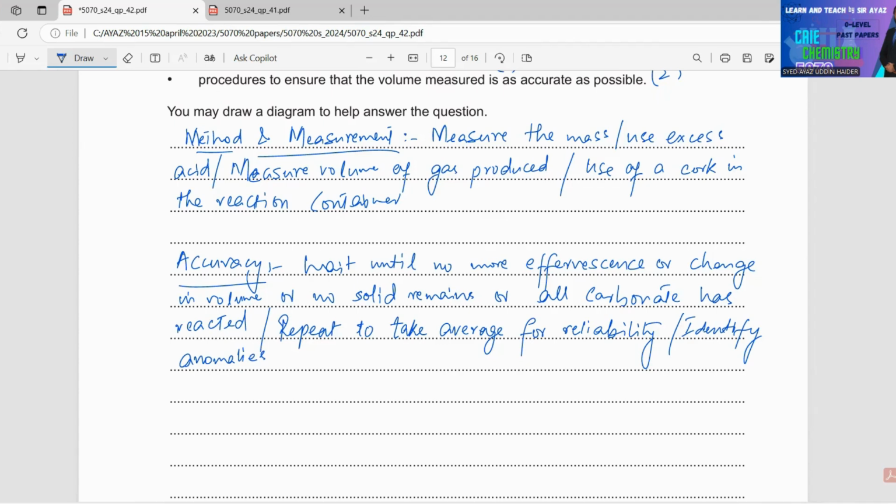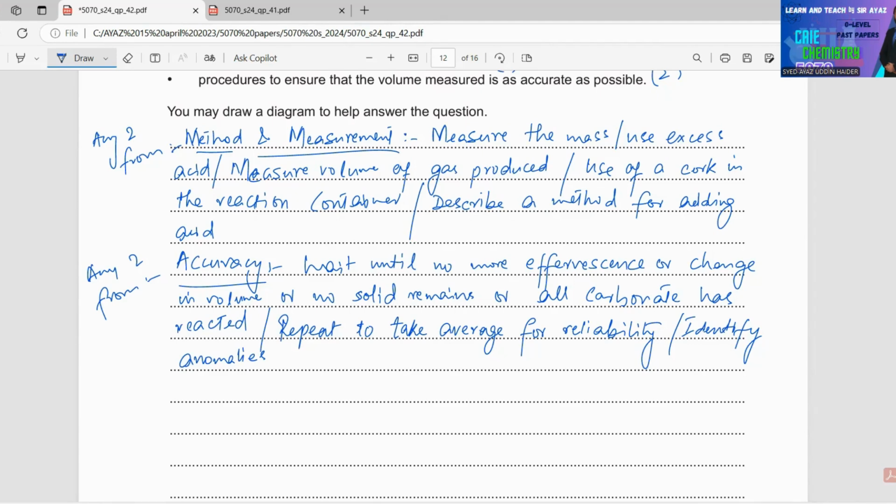For the method and measurement, you can even describe a method for adding acid. Describe how you're going to add the acid. So you have any two from method and measurement, and any two from the accuracy section.